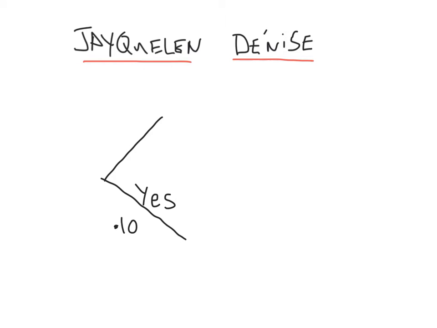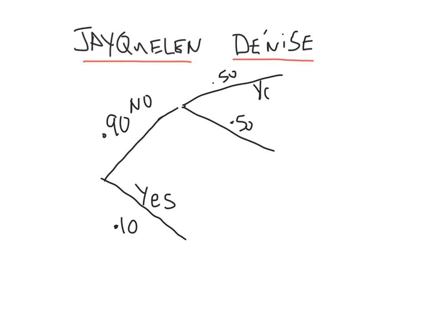And then there's a 90% chance that she's going to say no. And then if she says no, I'm going to ask Denise, and that's a 50-50 chance, a yes or a no.